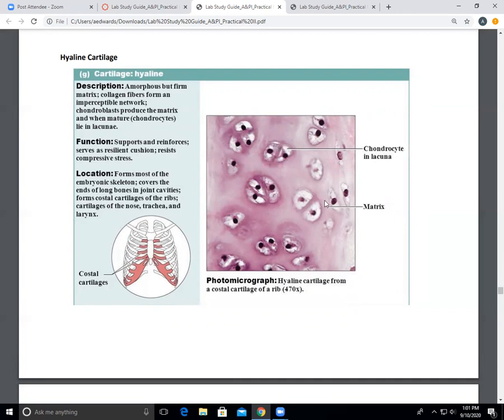The space around the chondrocytes is matrix. Where do you find hyaline cartilage? The embryonic skeleton as you're developing as an embryo, the ends of your long bones, your costal cartilage in your rib cage, cartilage in your nose, in your trachea, and your larynx.